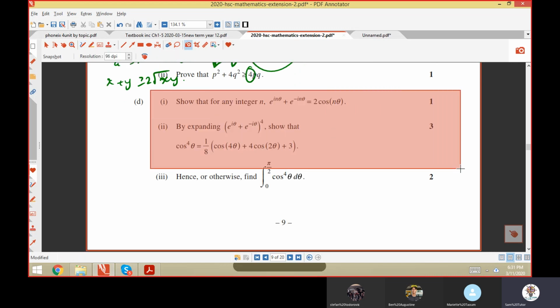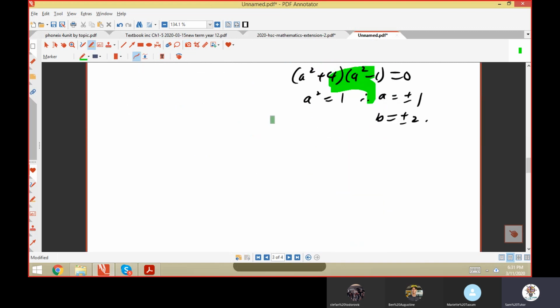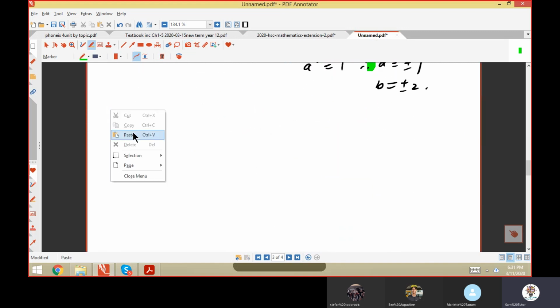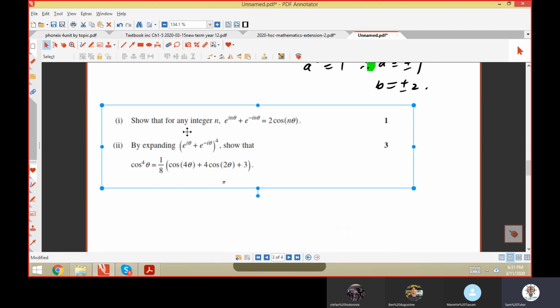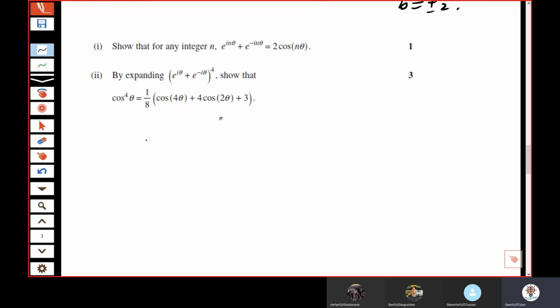Because that's our trig stuff. Can you see it? Trig. Instead of it being cis, though, they made it exponentials, which I'm assuming means they don't want cis. They want it as exponentials. Fair enough? So we're going to try to use exponentials as much as we can.